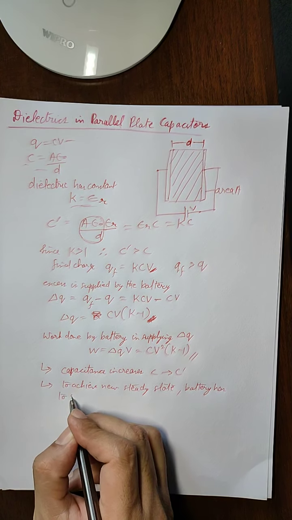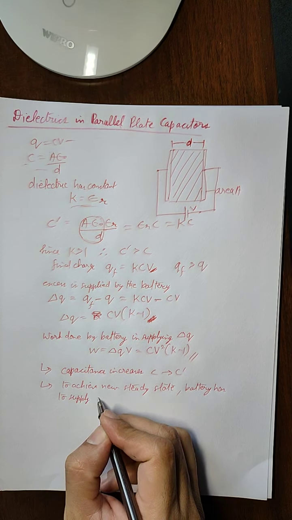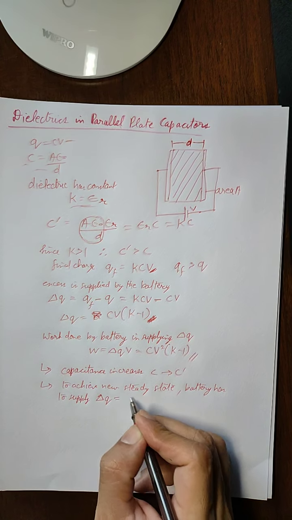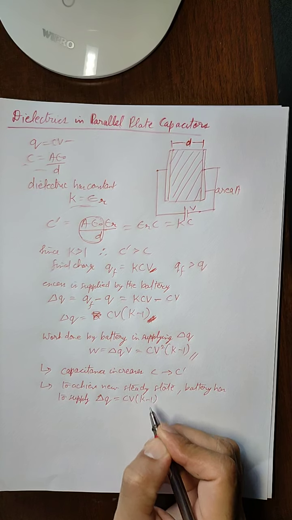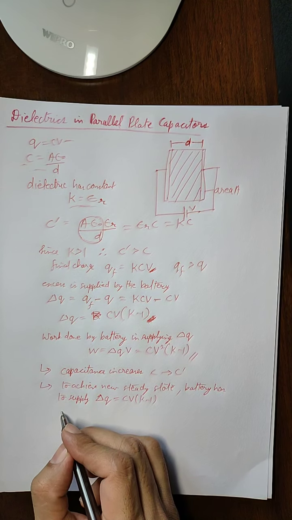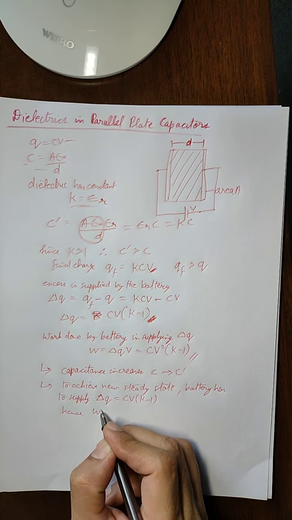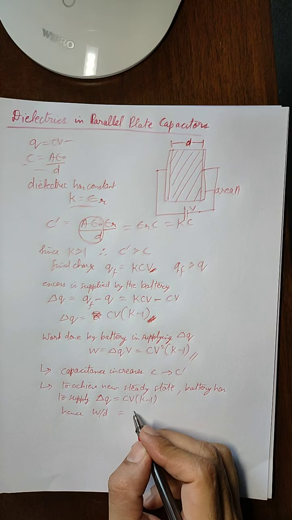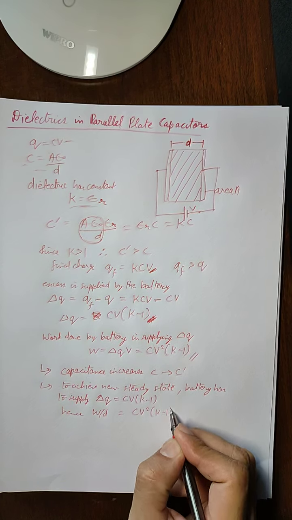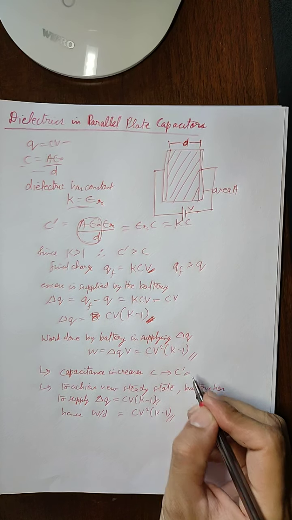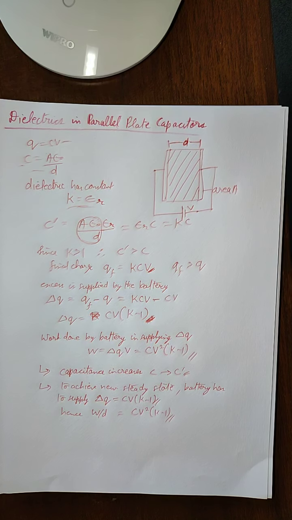The battery has to supply excess charge delta Q, which is given by CV into K minus 1, and to supply this, the work done will be equal to CV square into K minus 1. So these are important concepts about inserting dielectrics between the plates of the capacitor.